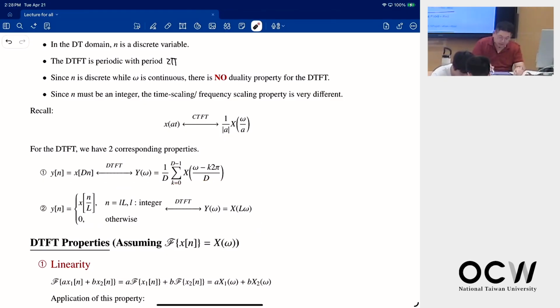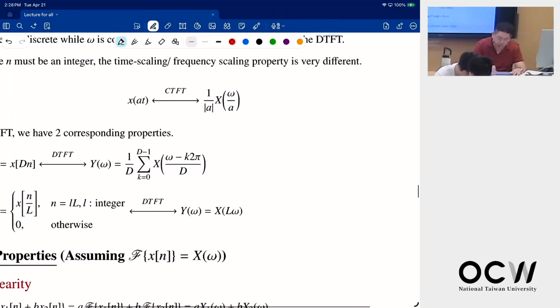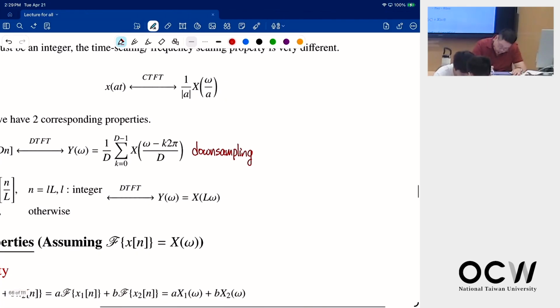You will learn this in maybe the advanced courses like digital signal processing. But so far, you just need to know that this is downsampling, and here is upsampling. So what is downsampling? Here.